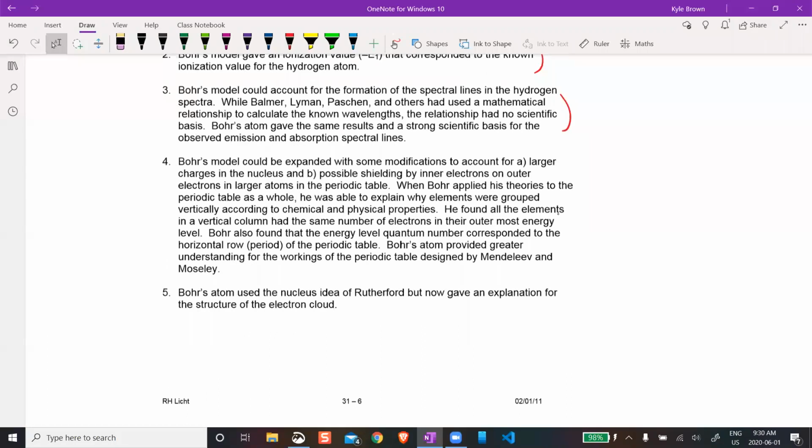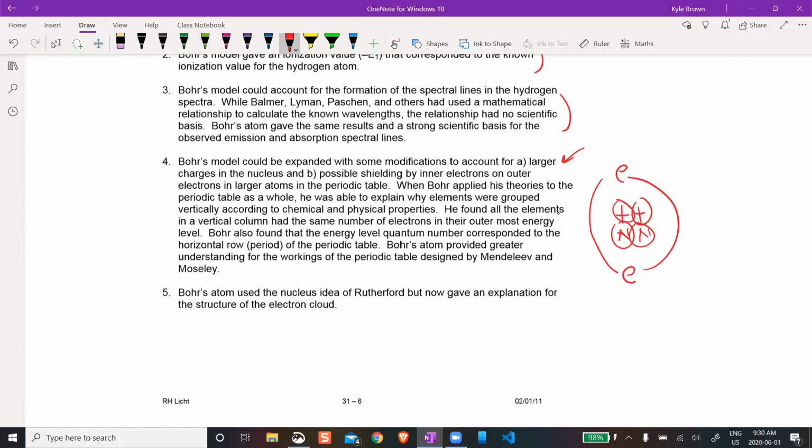Okay, so Bohr's model could be expanded with some modifications to account for larger atoms. So again, with his model, he could account for, let's say, helium, where you had 2 electrons orbiting around.